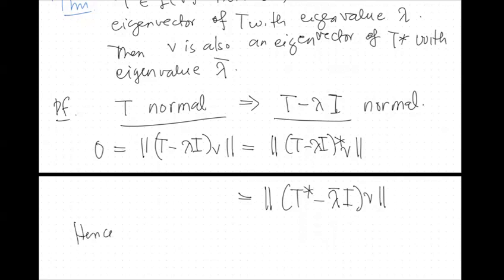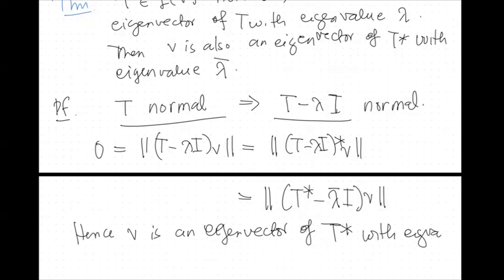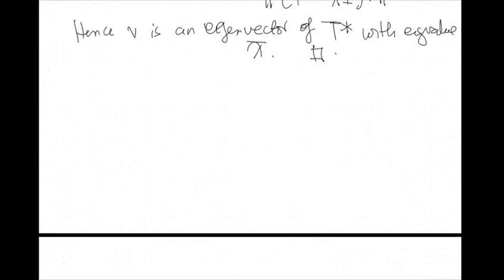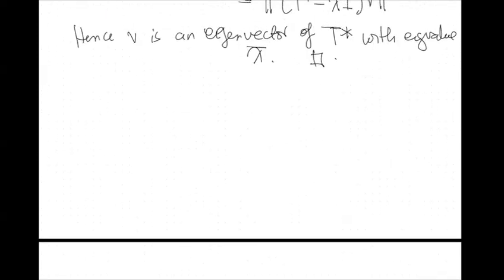This means your v is an eigenvector of T star with eigenvalue lambda conjugate, as desired. And because self-adjoint operators are normal, the next result applies in particular to self-adjoint operators.